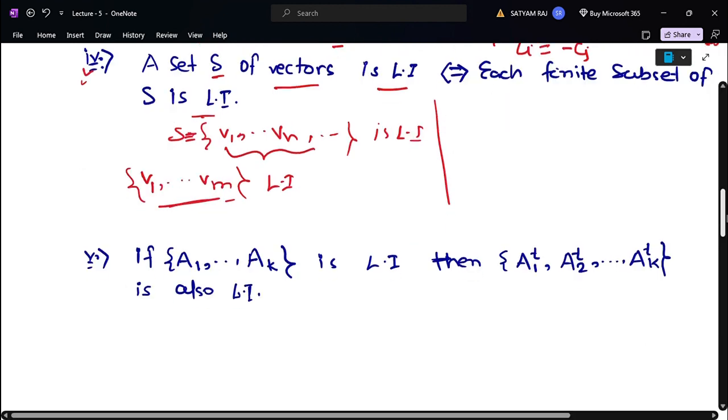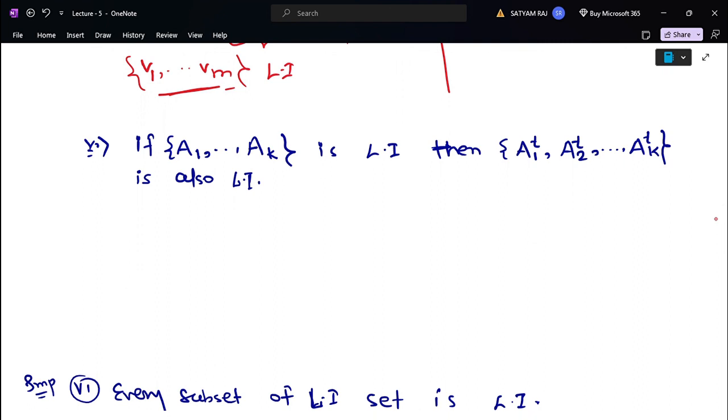Now the next property of linearly independent sets: we have matrices A1, ..., Ak. If this set of matrices is LI, then their transposes are also LI. It can be proved easily.